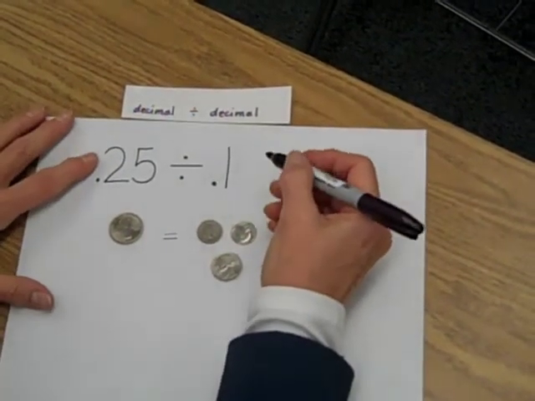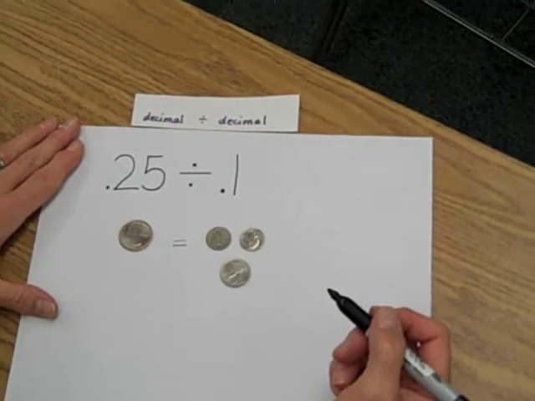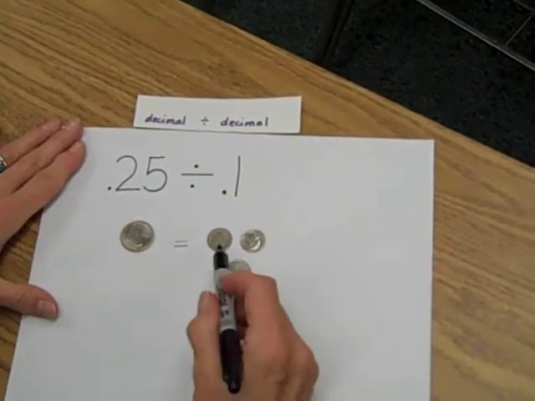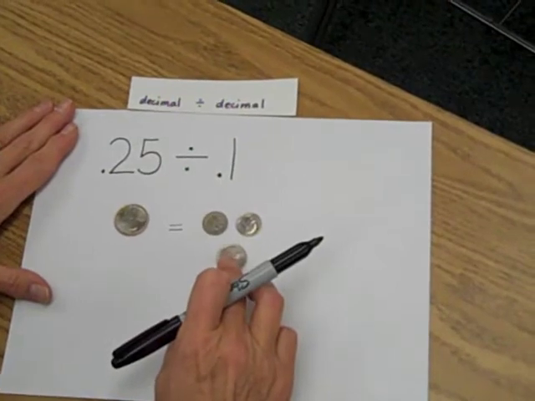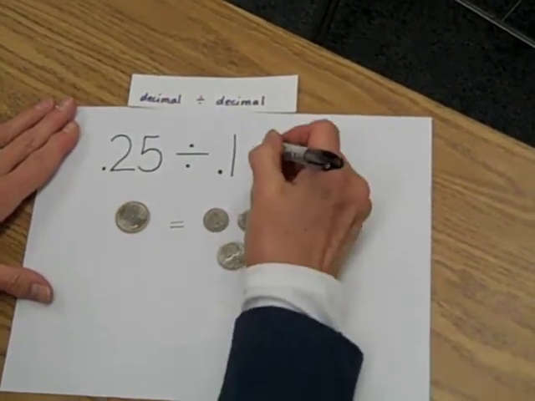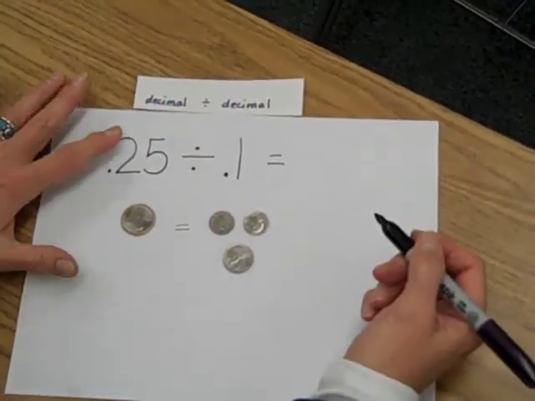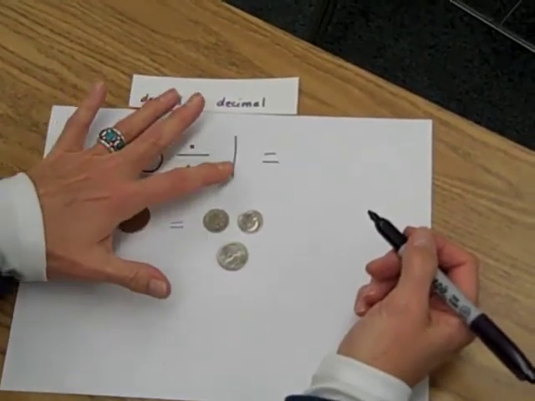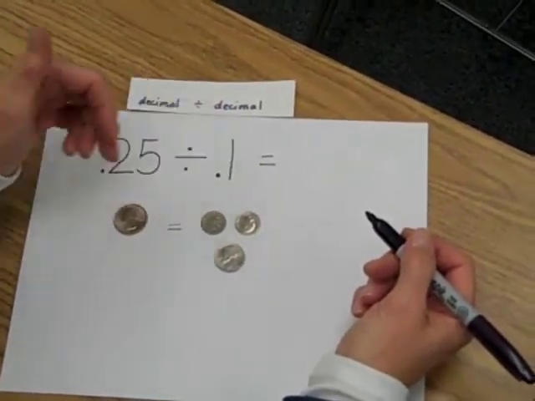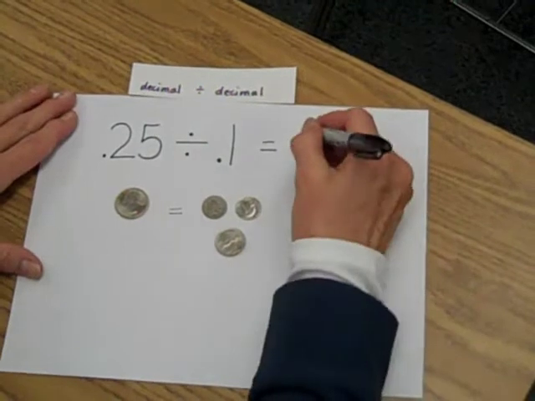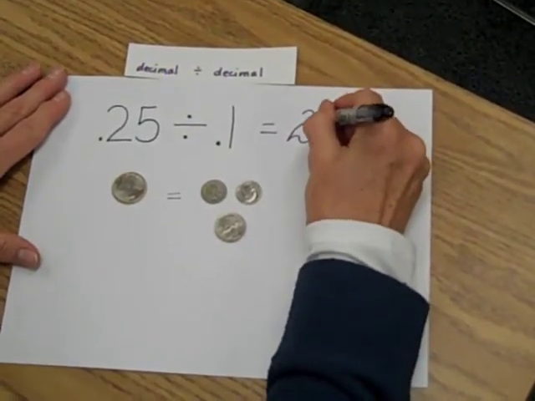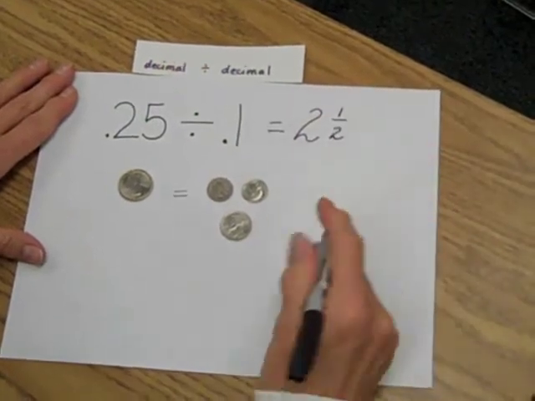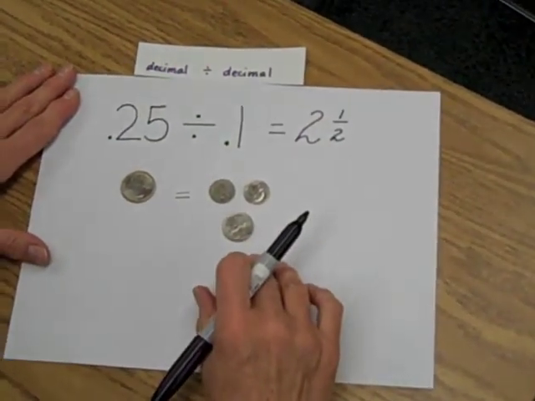So we know that there are 2 dimes and 1 nickel, and a nickel is half of a dime. So we would say that 25 hundredths divided by 1/10, or how many 1/10ths are in 25 hundredths, gives us 2 whole dimes and 1/2 of a dime, which has another name of a nickel.